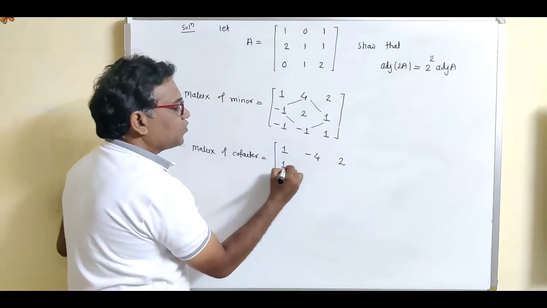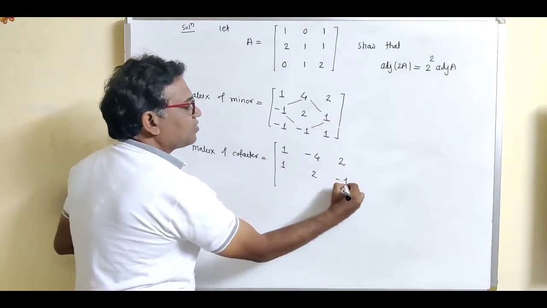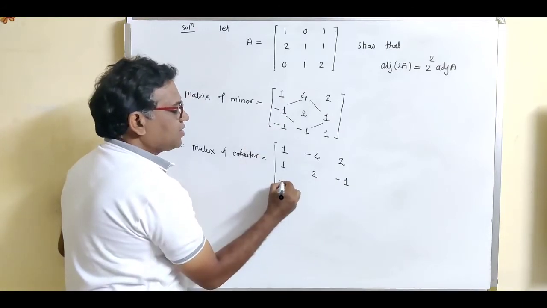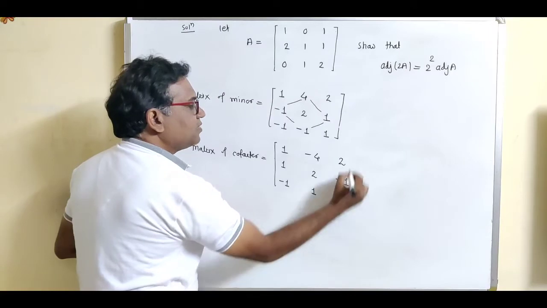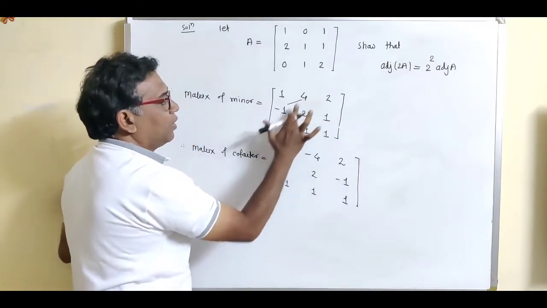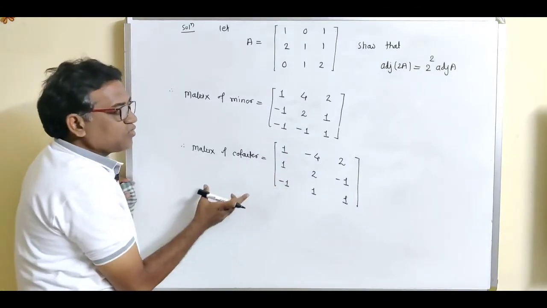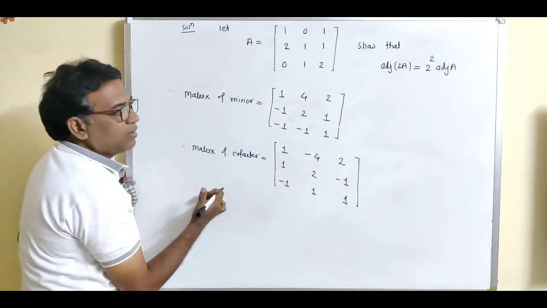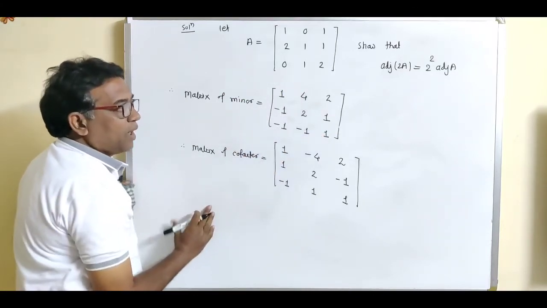Change the sign, it is 1. As it is, change the sign, it is -1. As it is means -1. Change the sign means +1. As it is, just write 1 as it is. So this is our matrix of cofactor. How to get the matrix of cofactor from the matrix of minor? Just change the sign of these 4 elements.